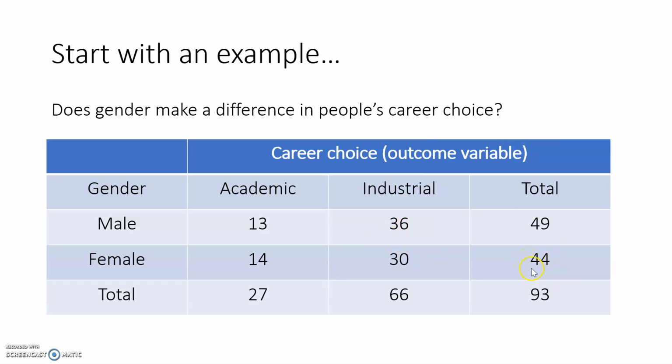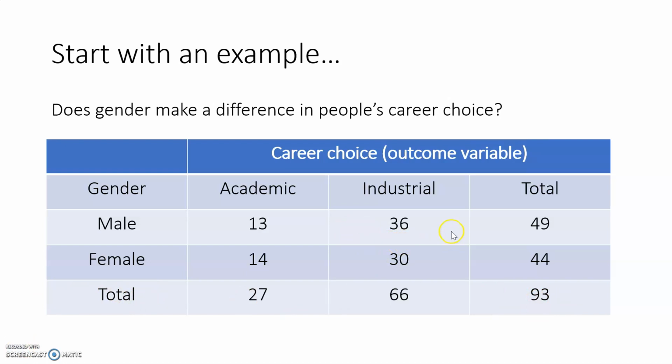And among these 44 females, 14 of them want to get a master's degree after graduation, and 30 of them want to land a job in a company. So in total, we have 27 people, including both males and females, who would like to pursue a master's degree or doctorate degree after graduation, and 66 of them want to find a job in the industrial field. Okay, that is the data for these 93 participants.